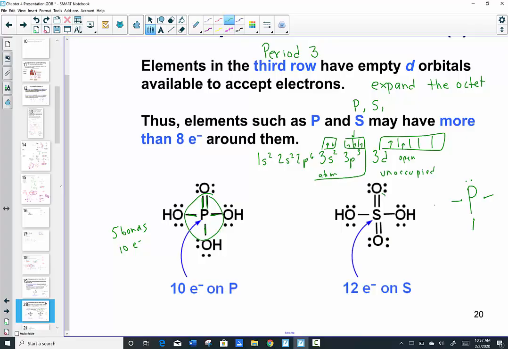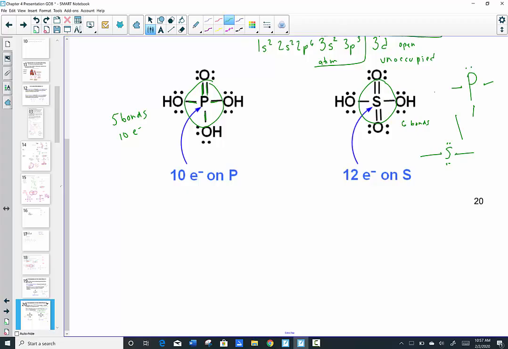Sulfur can do the same thing. Looking at sulfur, I see that it only wants to form 2 bonds. It's got 6 dots. But if it's made to, it can form up to 12 electrons, which is 6 bonds around the sulfur atom, because it has open d orbitals. Now remember, period 2 has no d sublevels.